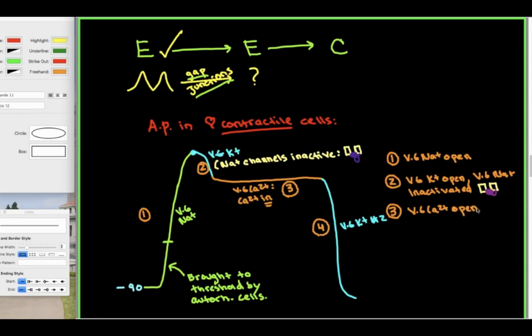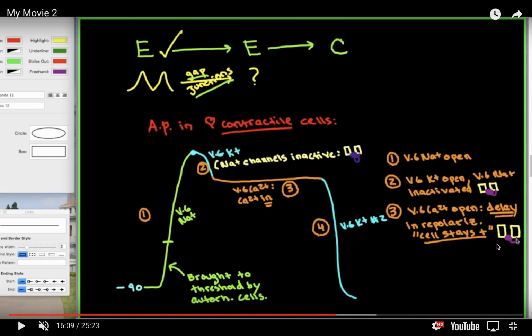During phase 3, these voltage-gated calcium channels open. So there's a delay in repolarization. We don't get negative as fast as we might. And so what this means is that the cell's going to stay more positive for longer. And because of that, this voltage-gated sodium channel is going to stay in this inactivated state.